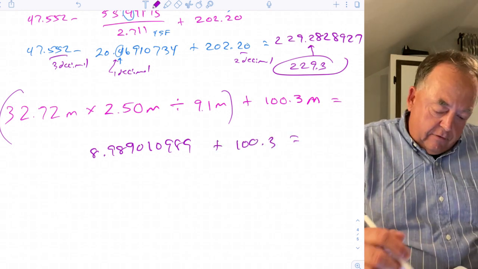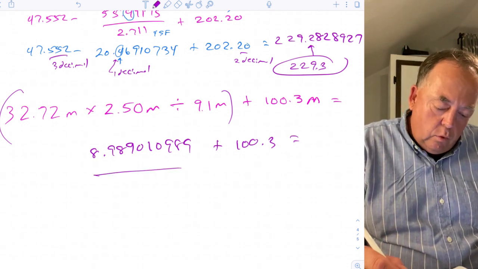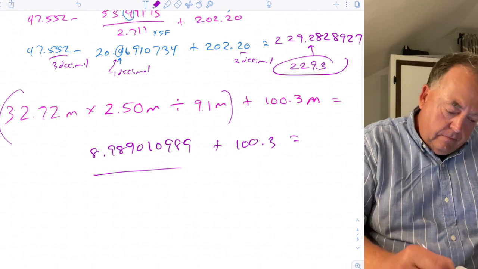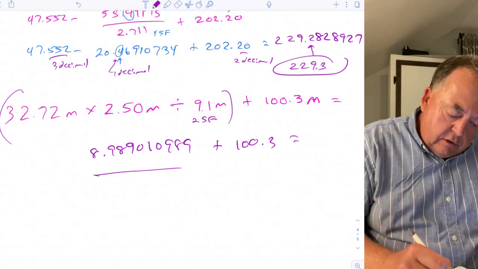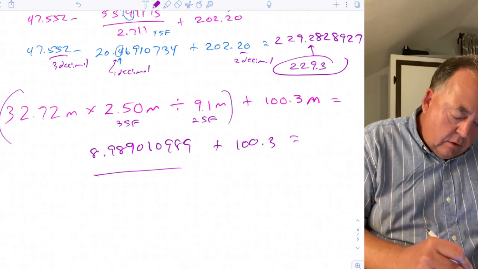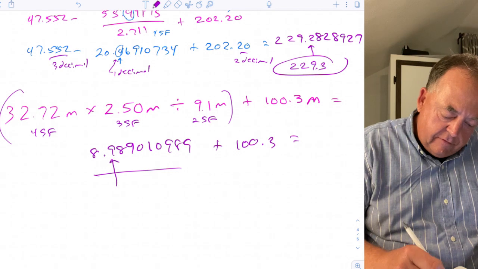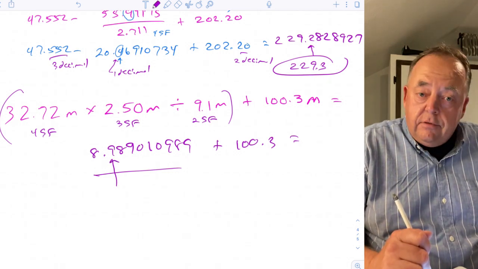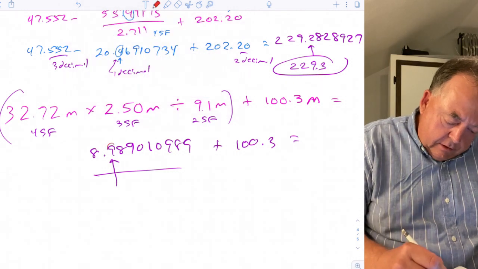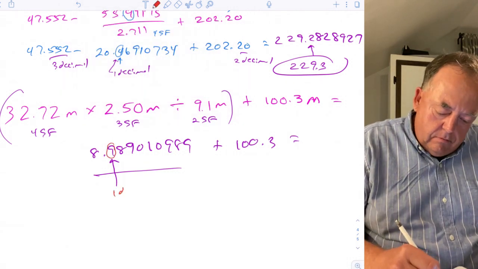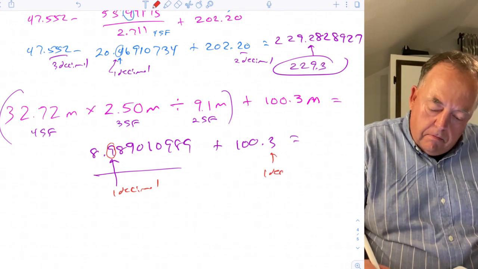But first, before we do the addition, we have to figure out in this number that we just calculated, what is the last number that counts? Well, this has two significant figures, this has three significant figures in the middle, and the first one has four significant figures, so your answer can only have two significant figures. So the last number that counts is that 9, the first 9. So 1 decimal. And this has 1 decimal.